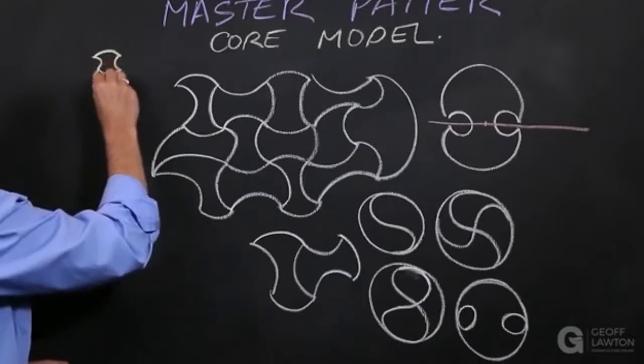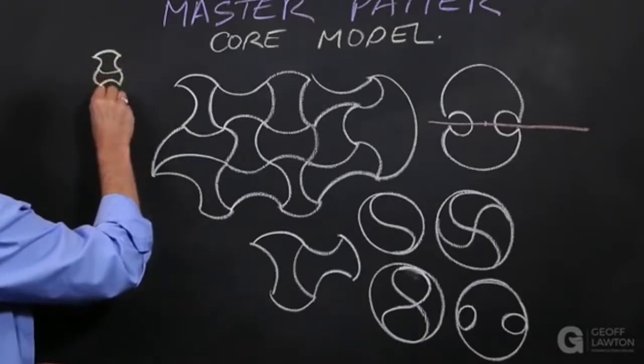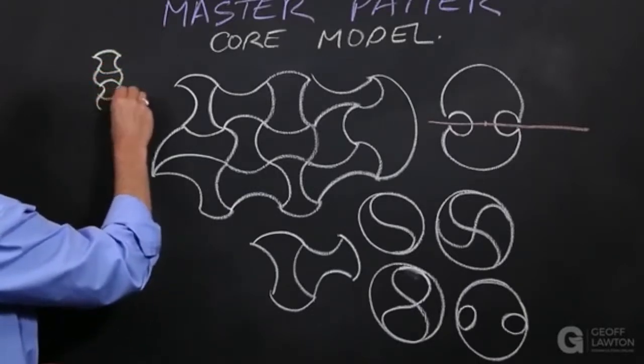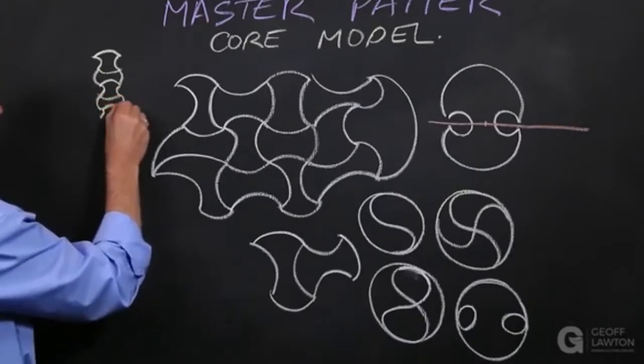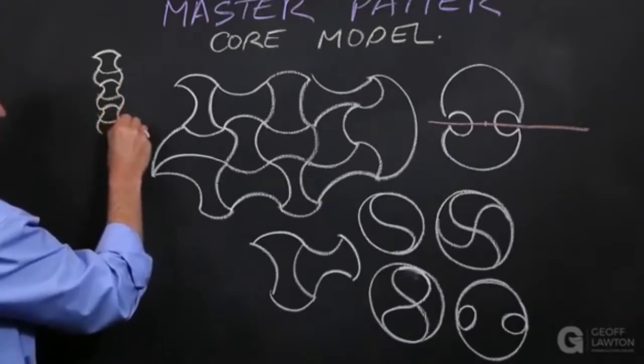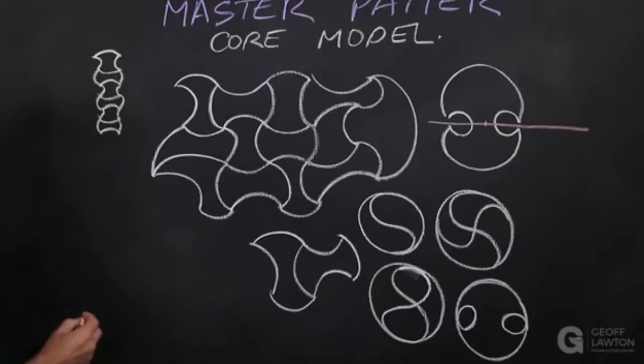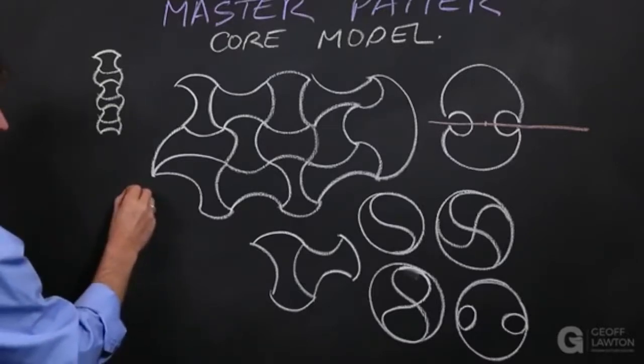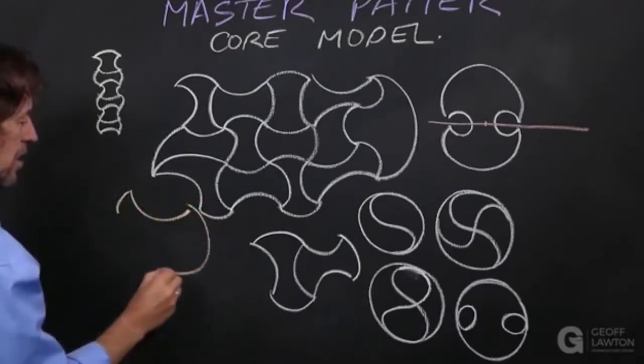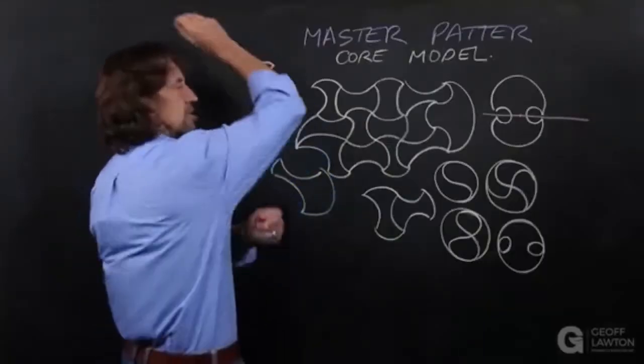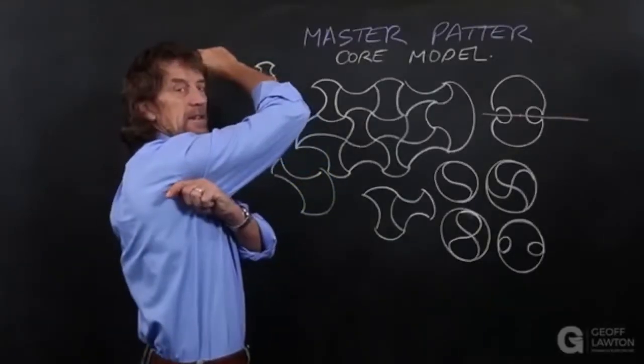But let's have a look at your backbone and all invertebrates' backbones. They are all a set of tessellations. There's a backbone. Here is your shoulder bone, right here.